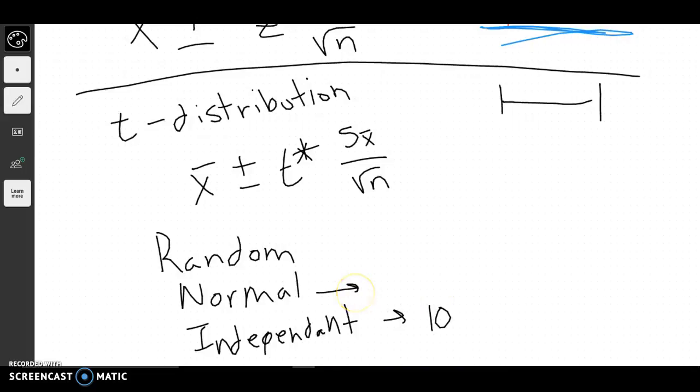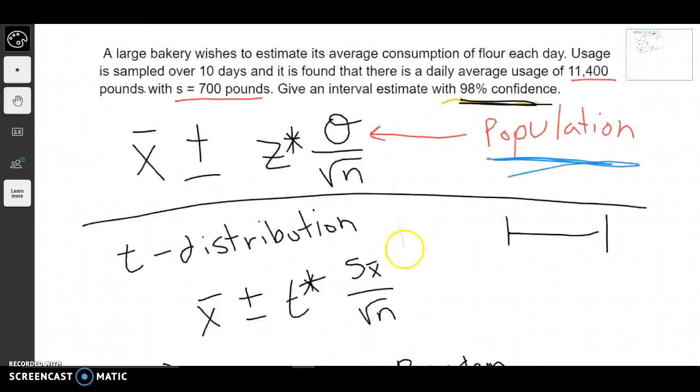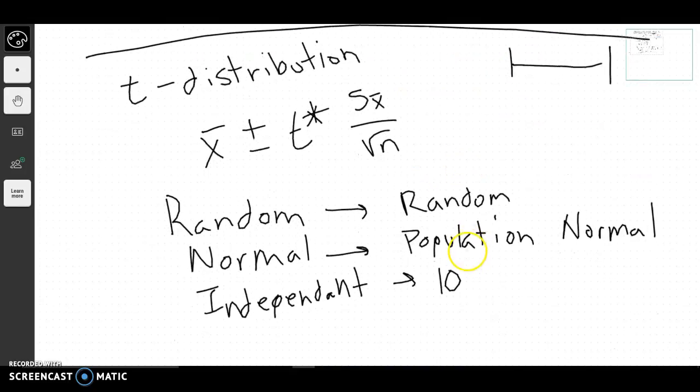We're going to try to assume that the population is normal, which we probably shouldn't do, but we're going to assume the population is normal just to keep working through the example. And we're going to assume that the 10 days are kind of random. We're going to say it's not in any kind of season, which would probably make it matter more than the other ones. Like, hopefully they chose 10 good days instead of picking a day that might have an outlier. But we're going to assume those things so we can move through it.